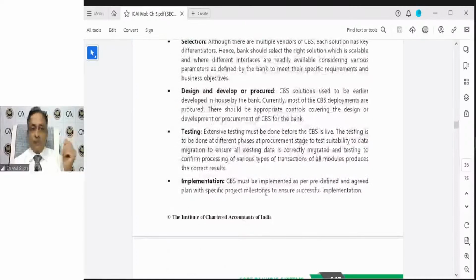Then, most of the core banking systems are selected by the size and the complexity of the business and the need for it. So you go for a ready-made procured software, ready-made available software that you customize for your needs. Then testing, very, very, very important. Extensive testing must be done before the core banking system is made live.